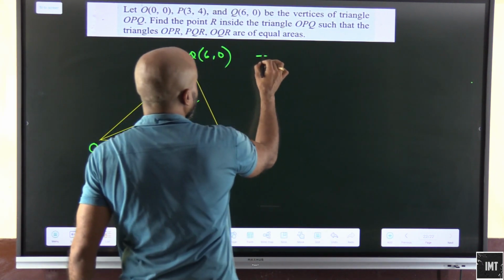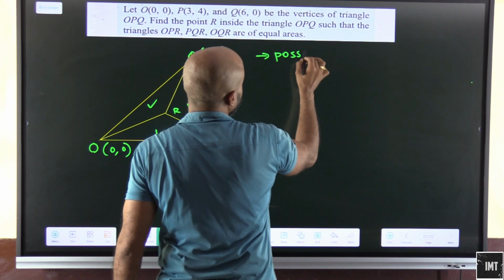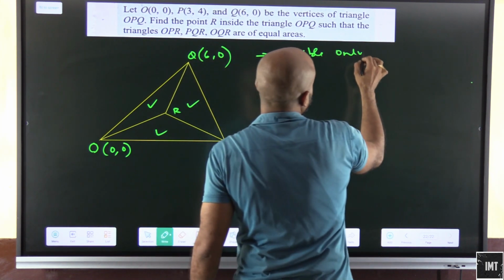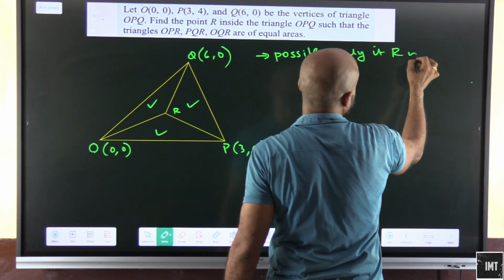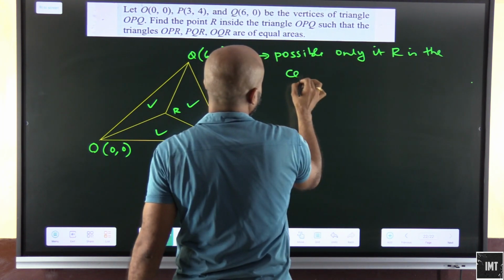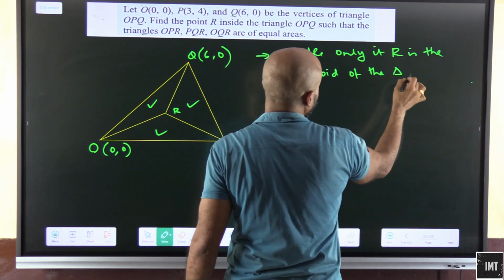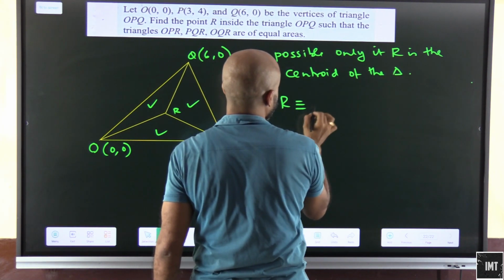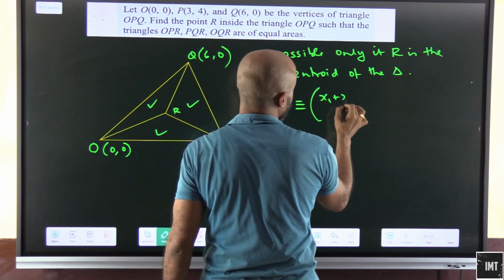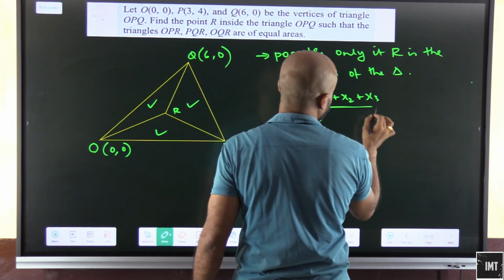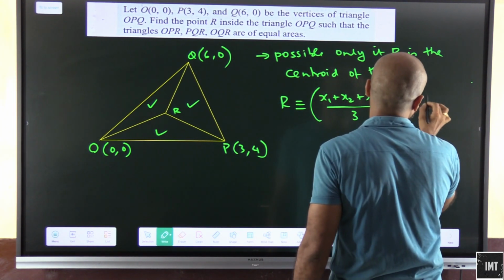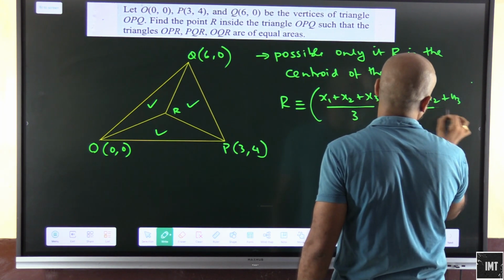This is possible only if R is the centroid of the triangle, which means that R will have coordinates (x1 plus x2 plus x3) upon 3 and (y1 plus y2 plus y3) upon 3.